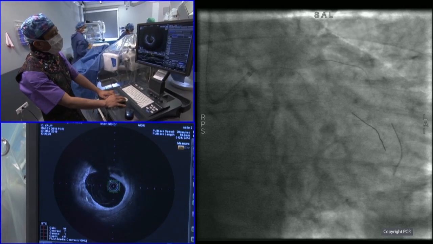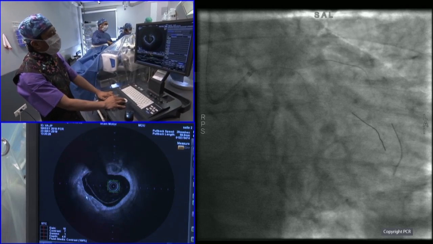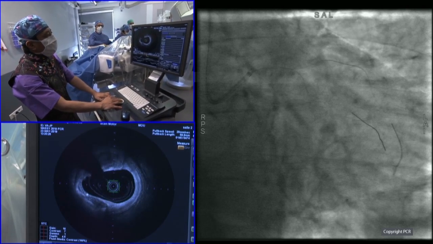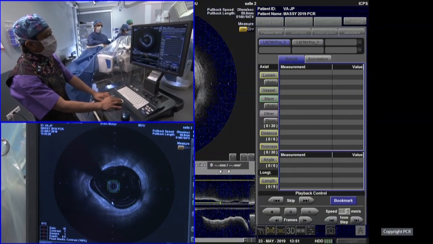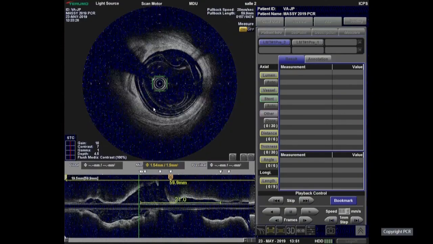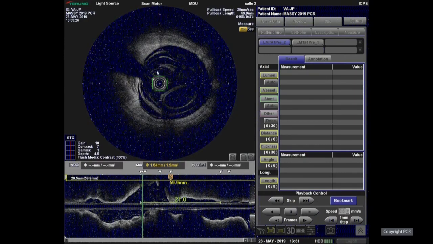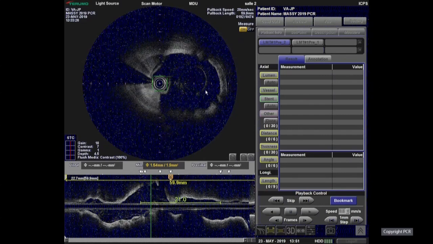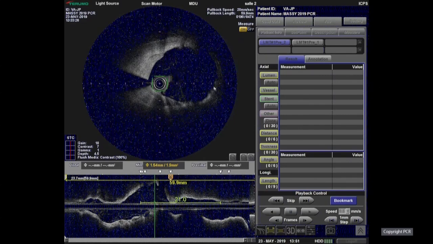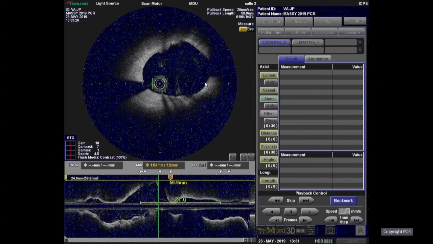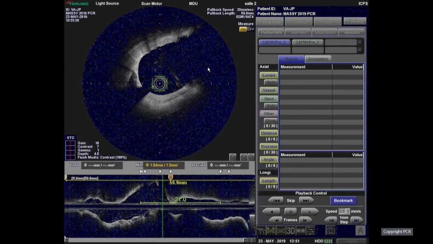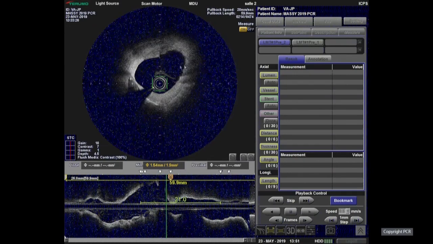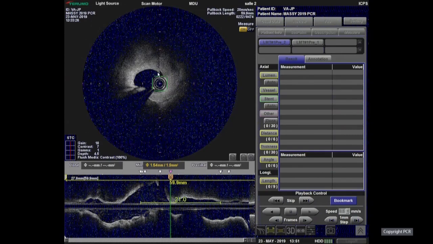Here you see there's some calcium extending 180, and then the lumen becomes somewhat ellipsoid. But there was some good landing zone, probably we can use it as a landmark landing zone of the distal stenting. There is an intermediate branch coming, and then now you see the circumflex is coming.